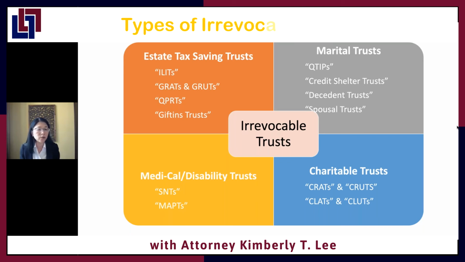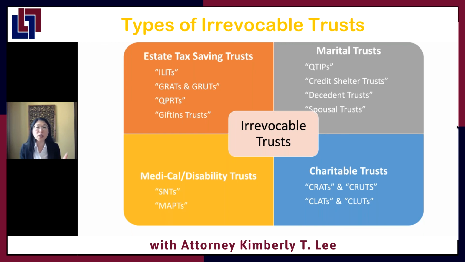This acronym is for Medi-Cal Asset Protection Trust. This is the type of trust where we can plan for potential nursing home expenses or long-term care expenses by protecting what you have so that you can qualify for public benefits to be able to pay for nursing home expenses. So this is kind of an alphabet soup of various kinds of irrevocable trusts.